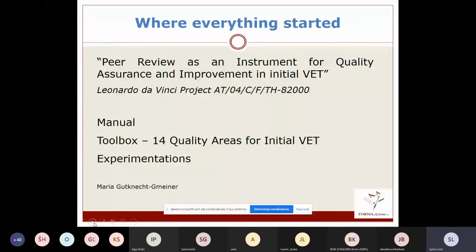What I wanted to say by starting from this brief history of peer review is that we are now learning, also thanks to Kuhn's speech, what the evolution of this methodology is.